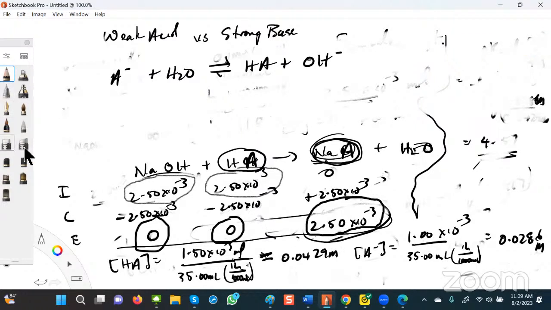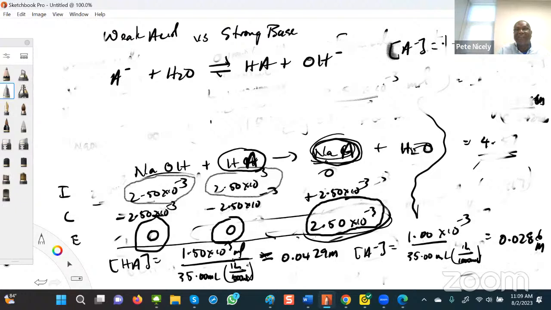So as I was saying, we need to find the concentration of the conjugate base. The concentration of A minus is what we need to find. And that would be equal to 2.50 times 10 to the minus 3 moles divided by the volume. Now, the question is, what's the volume? It depends on the calculation that was done here. If the concentrations are the same, what was the original volume of the base?